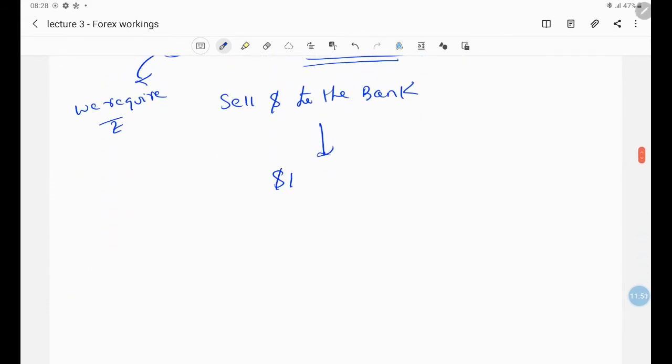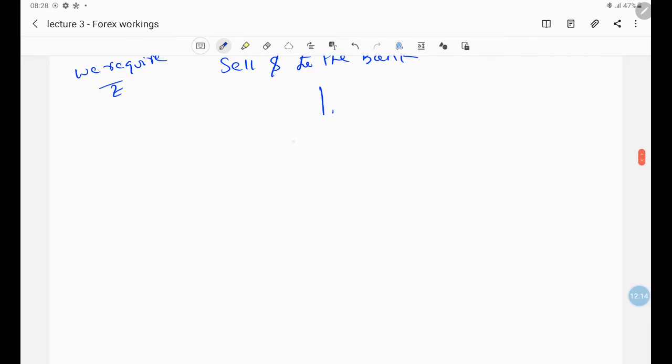So they have given 1 rupee equal to dollar 0.0249 and dollar 0.0250, right?